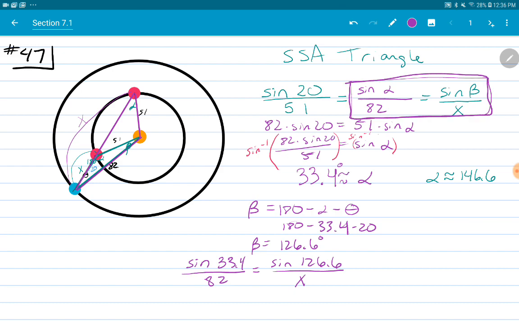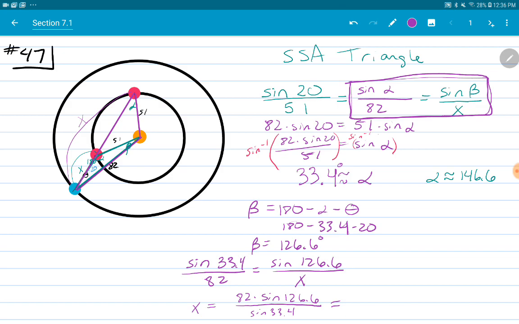Okay, and then I can solve for X by cross multiplying, I get 82 times sine of 126.6. And then after I cross multiply, if I divide by sine of 33.4, then I will get x by itself.